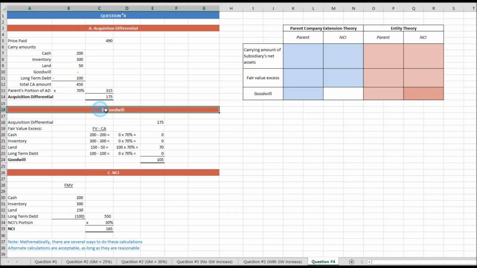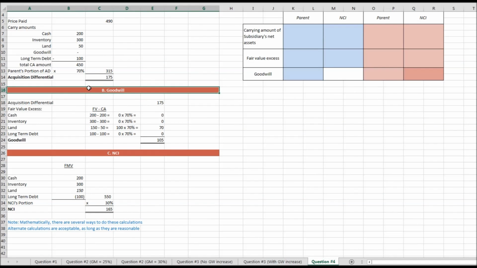All right, so I'm now moving along to goodwill. We already have our acquisition differential over here, so just bring that down over there. And we get our fair value excess. John made it nice and easy in that we only had one item, the land, that had a fair value excess of $100 right here.